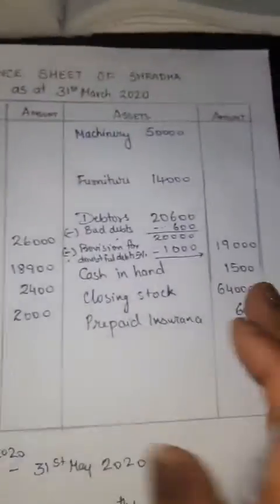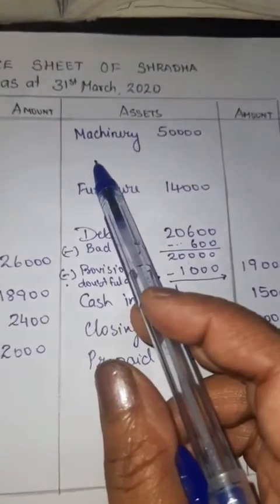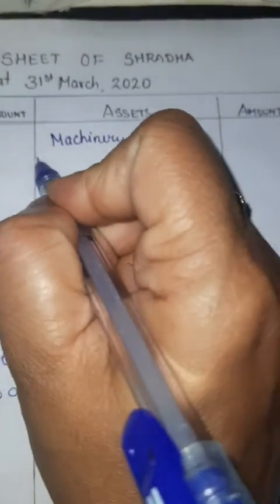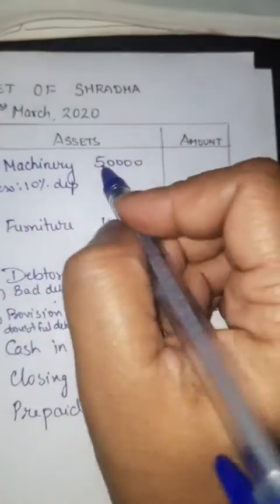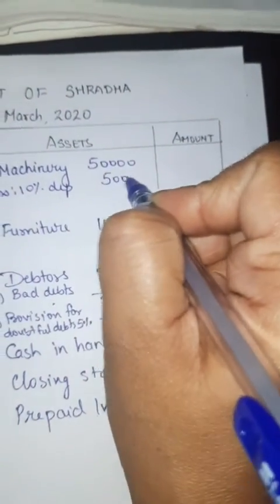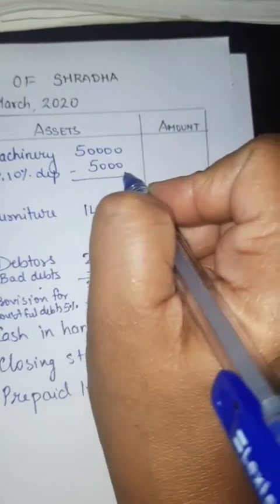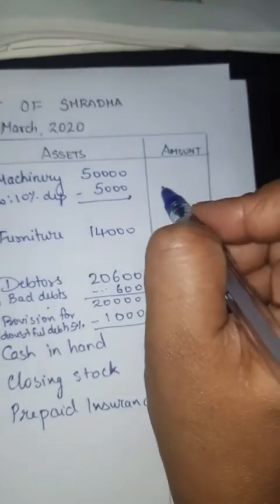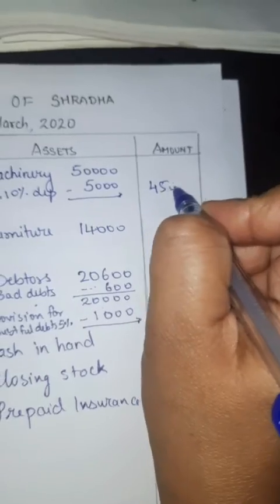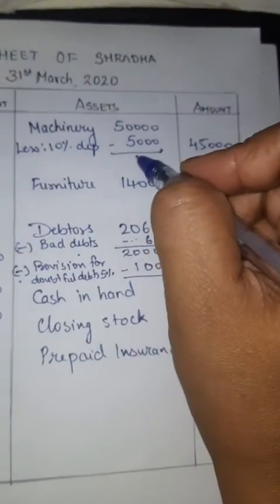So we have already shown the machinery account on the asset side. Charging depreciation means the value of machinery will reduce. So write down here 10% depreciation. Machinery is 50,000. On that, when you charge 10%, you will get 5,000. 50,000 into 10 divided by 100 means 5,000. So your machinery value has come down to 45,000 because of this depreciation.